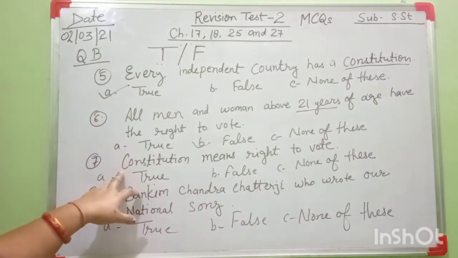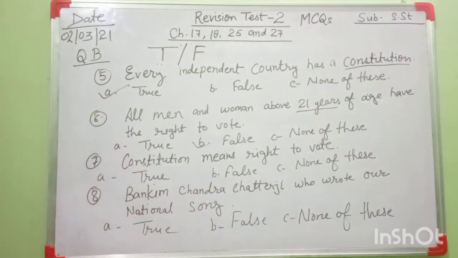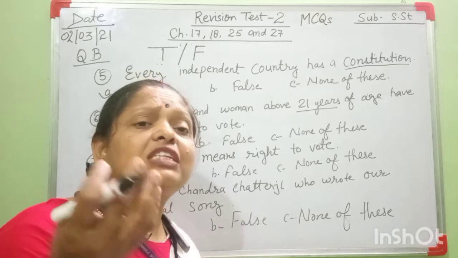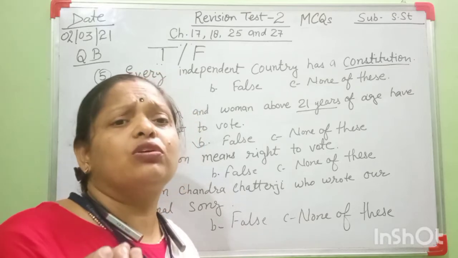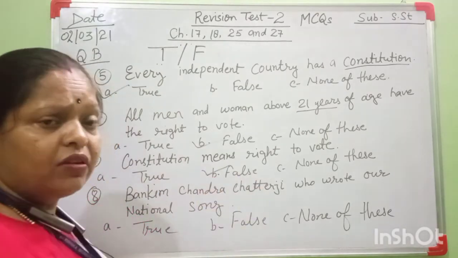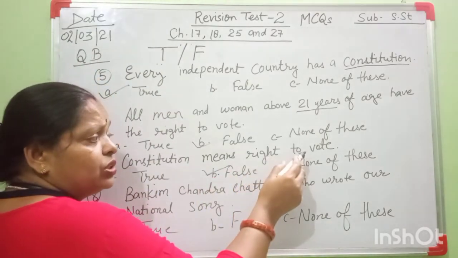Next is question number 7: Constitution means right to vote. Only right to vote? No. It is a set of rules and regulations, and there are many things in our constitution. That's why this sentence is false. It is not only the right to vote.